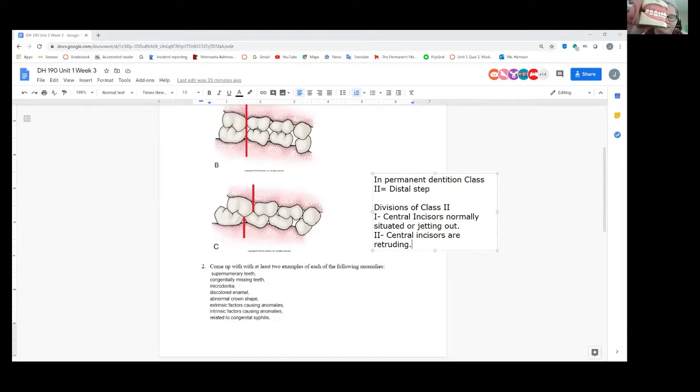Everybody see that? Always going by the first molars. Now, if I were to go to a class 3, that means this jaw is projected forward. Do you see? I'm sorry, that was a class 2. Class 3. Here's our class 3.